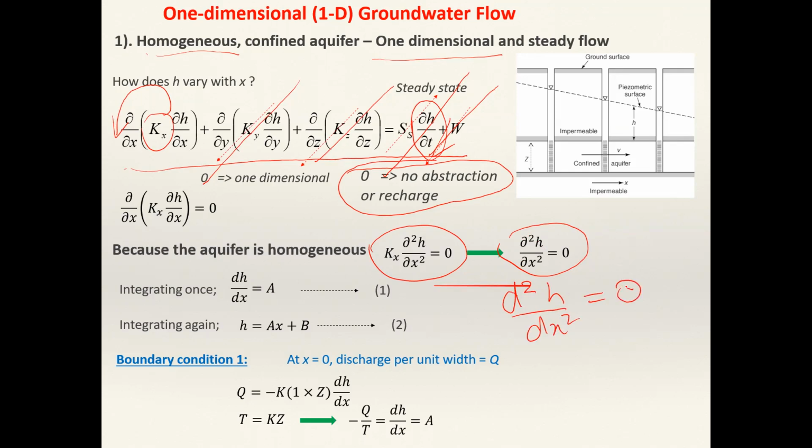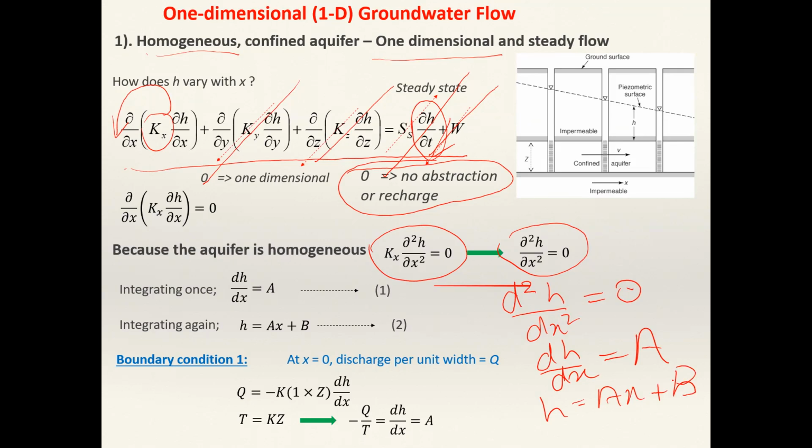You can take the integration of this to find the equation for the hydraulic head. Integrate one time. How does it come? dh/dx becomes a constant, A. Do the integration one more time. h is equal to Ax plus B.